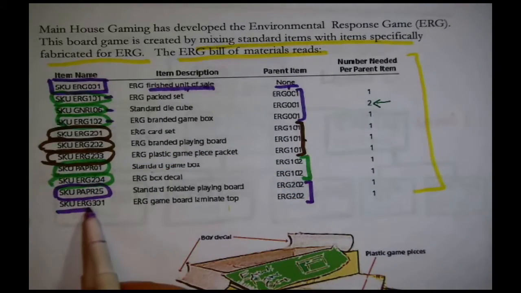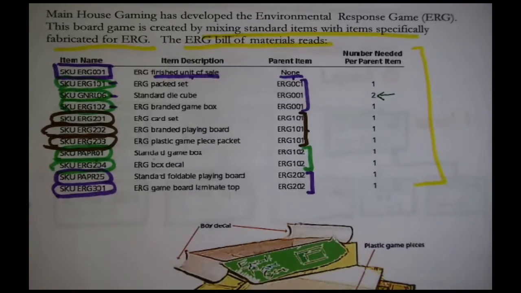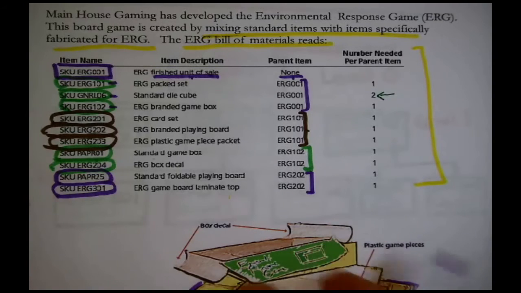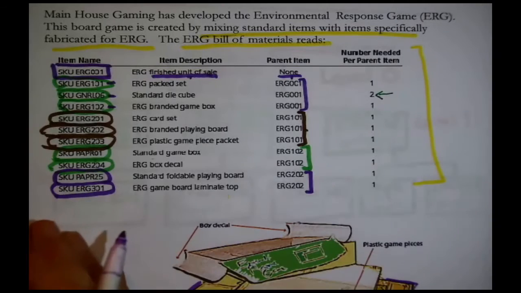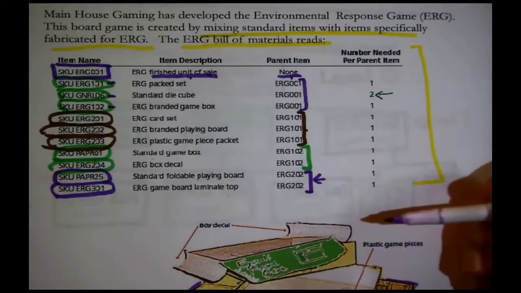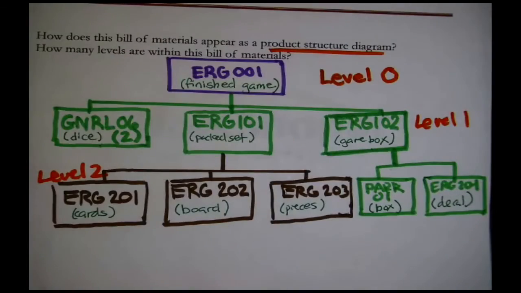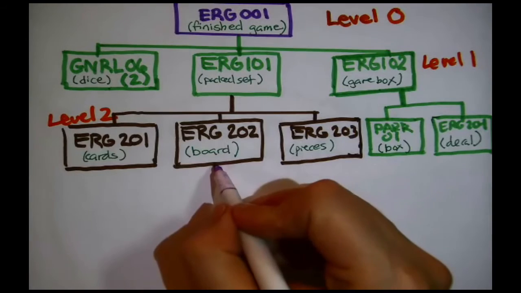Standard foldable playing board, and then the ERG game board laminate top. Oh, so they make the board similar to how they make the box. The mat is actually standard, and then they layer on a big sticker with the printing on it. Anyway, both of them have ERG 202 as the parent and only ERG 202. That's telling me that ERG 202 is in the center here.